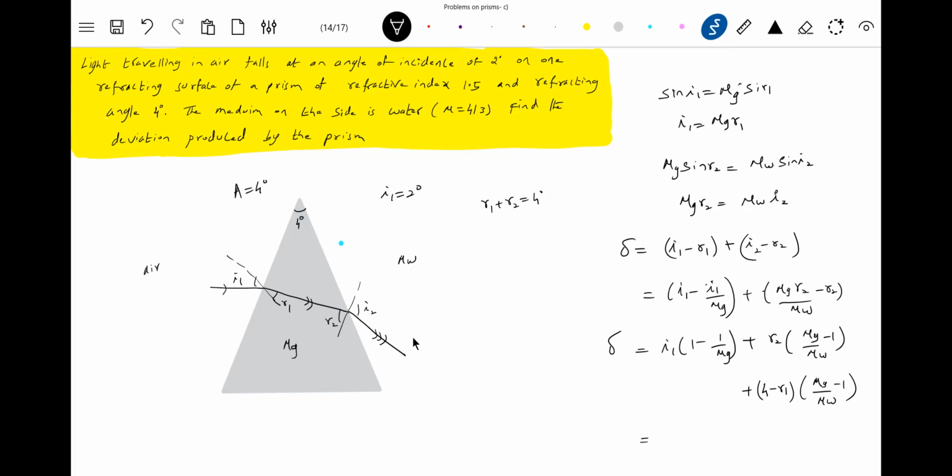Now substitute the R1. R1 is again I1 by mu g. 4 degree.